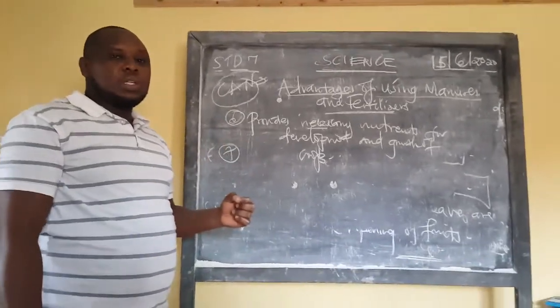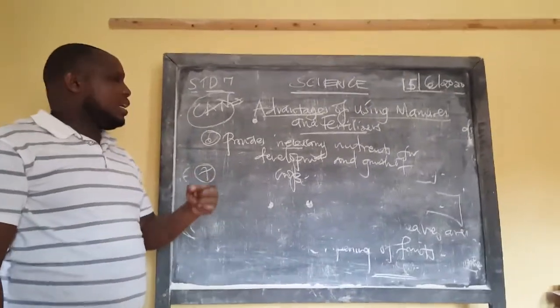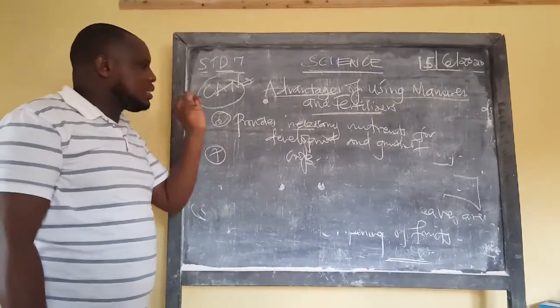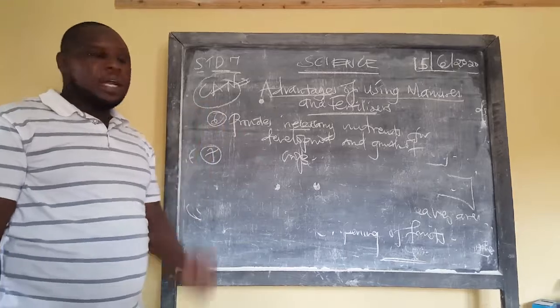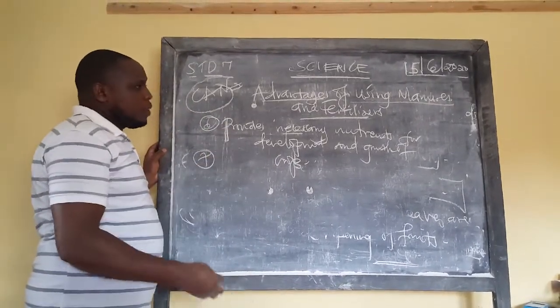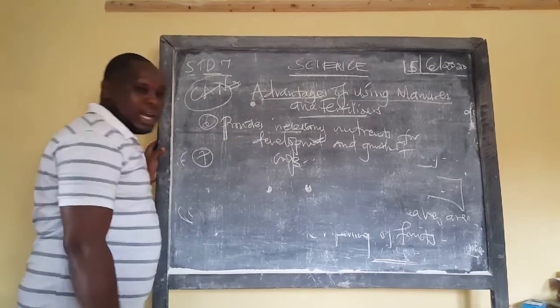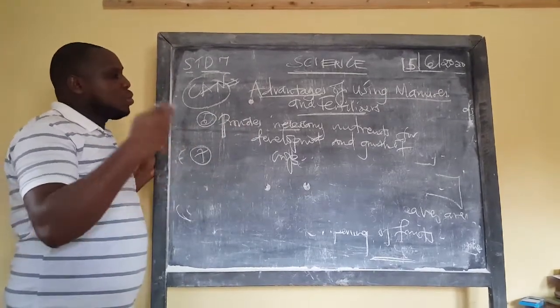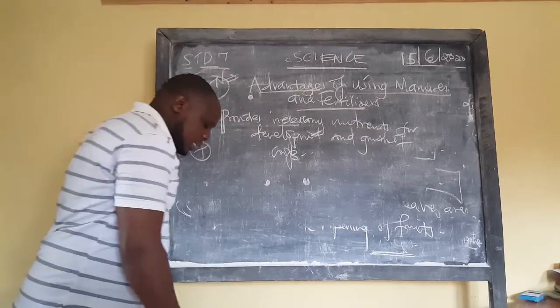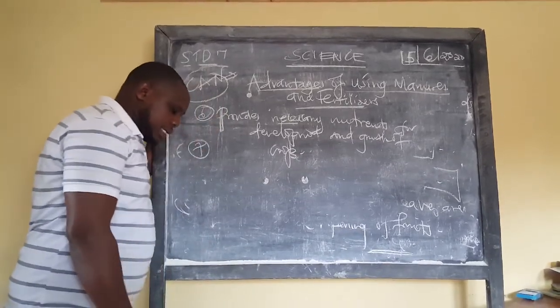It's a nitrogenous fertilizer, so it can encourage high growth. So the plant will get the necessary nutrients for its growth and development. So that is what it means. Once you apply manure and these inorganic fertilizers, they make the plants grow to the required sizes and produce the necessary amount of yields.